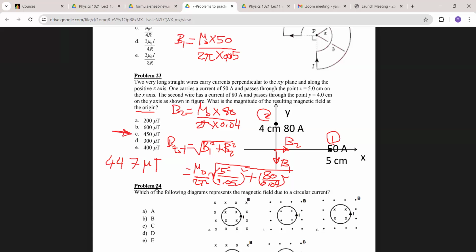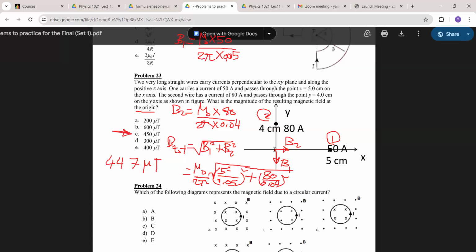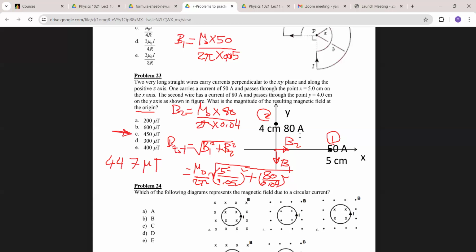Doctor, I have a question. How did you get the directions of B1 and B2? I obtained them from the right hand rule. I put my thumb in the direction of the current and rotate my four fingers at the observation point, so it will be downward.